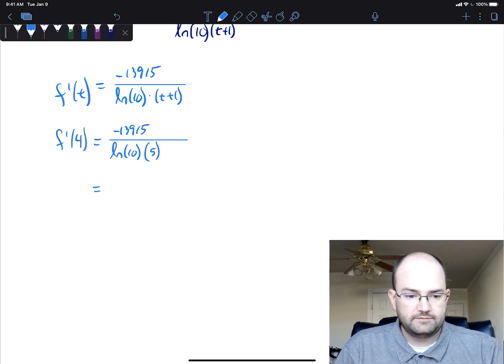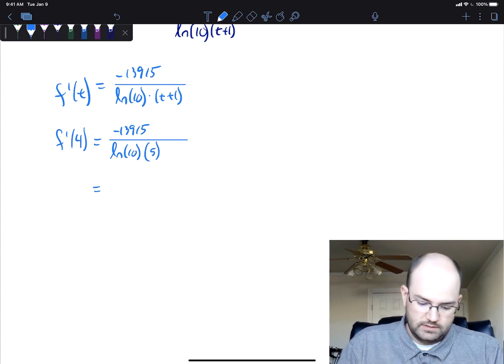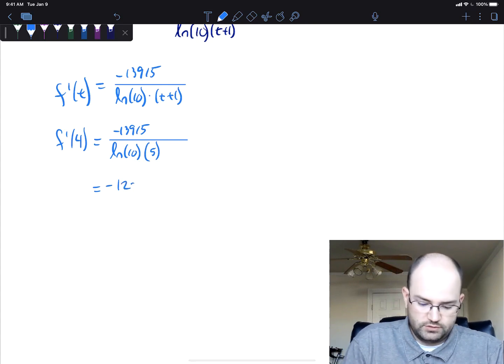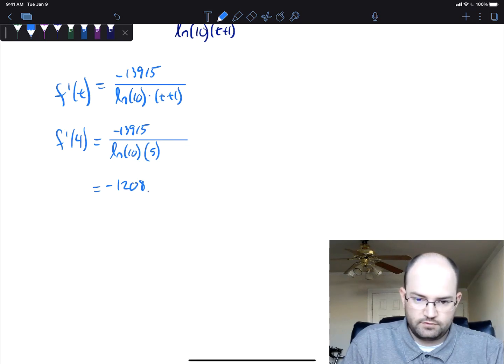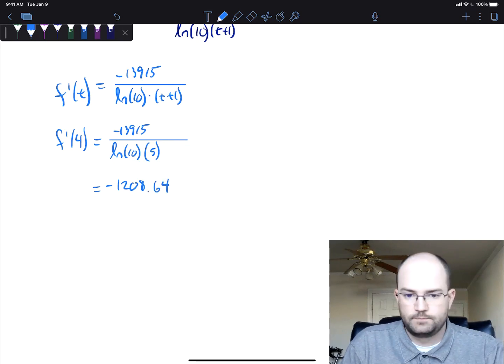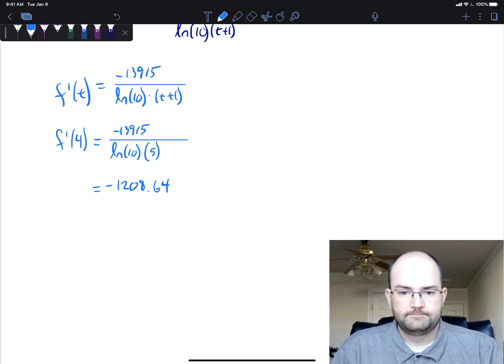So negative 13,915, right arrow, natural log, which is the button to the left of 4, 10, close parentheses, and then times 5. Enter. And that tells me negative 1208.641543, making that negative 1,208.64. Alrighty.